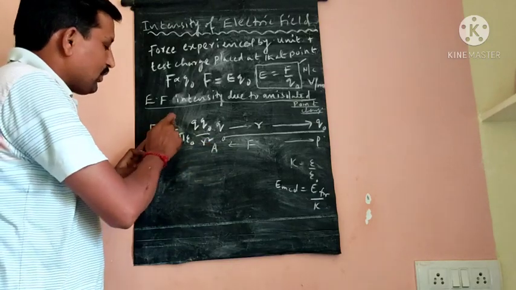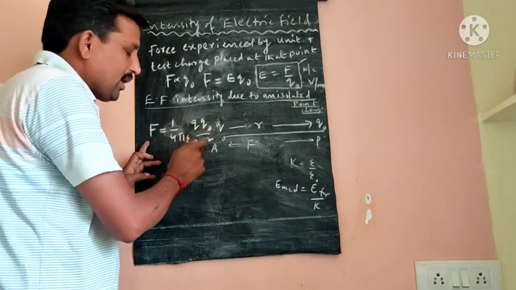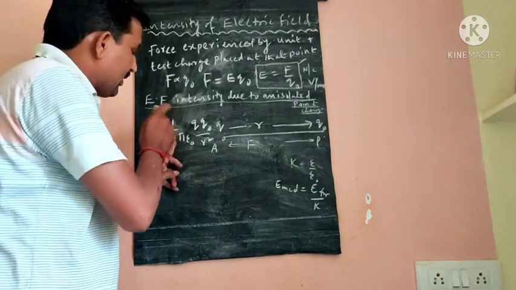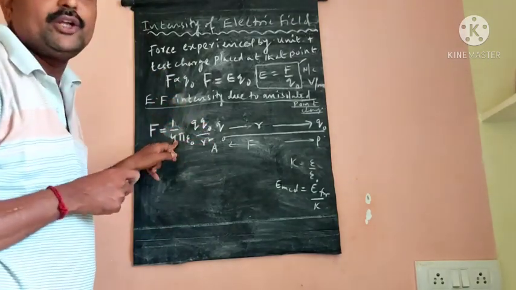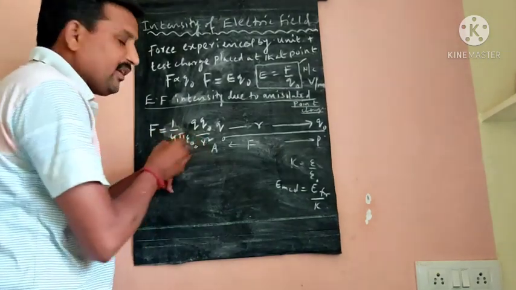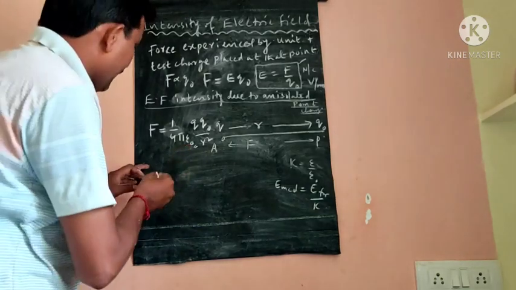Here 1 by 4 pi epsilon naught is a constant whose value is 9 into 10 power 9. Epsilon naught is the permittivity of free space.